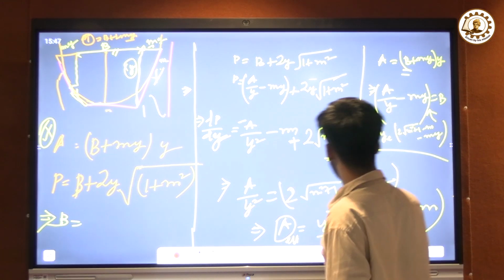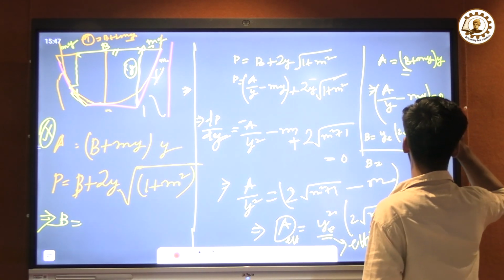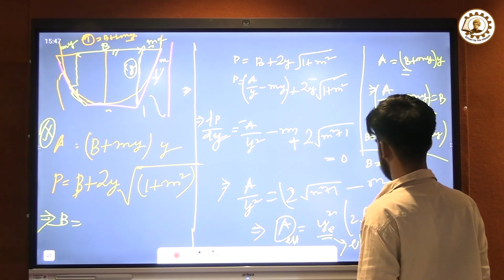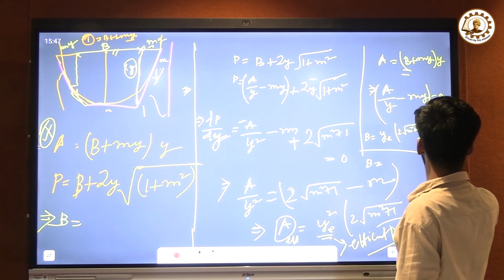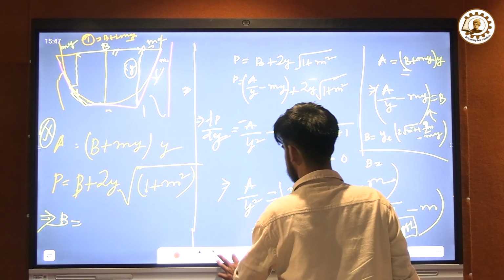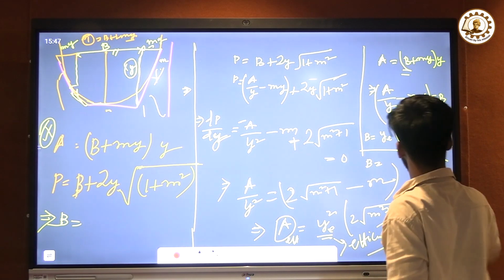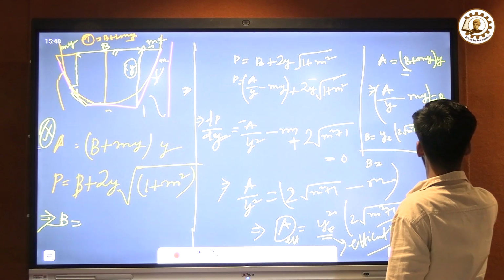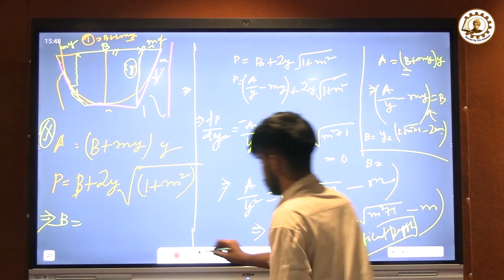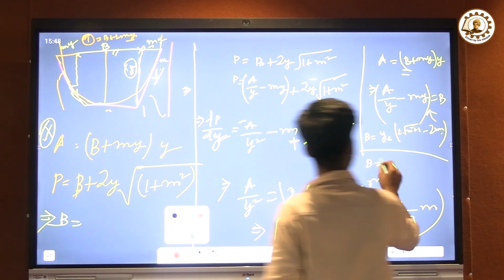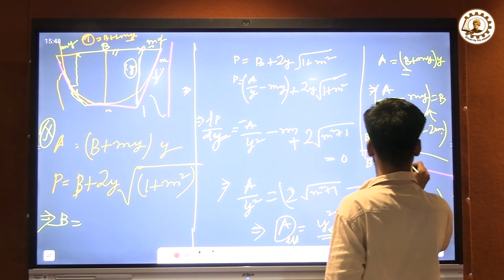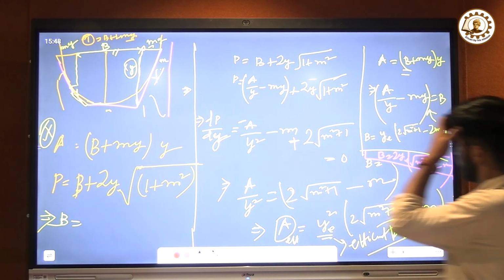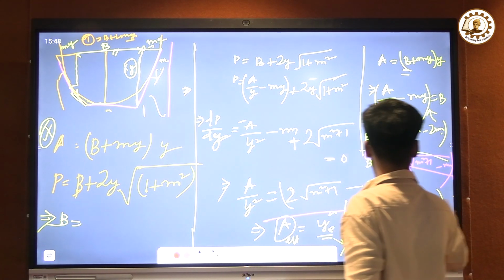So what you can see, the value of B will be, minus 2m. So the value of B will be, so we have the value of B and the value of A.